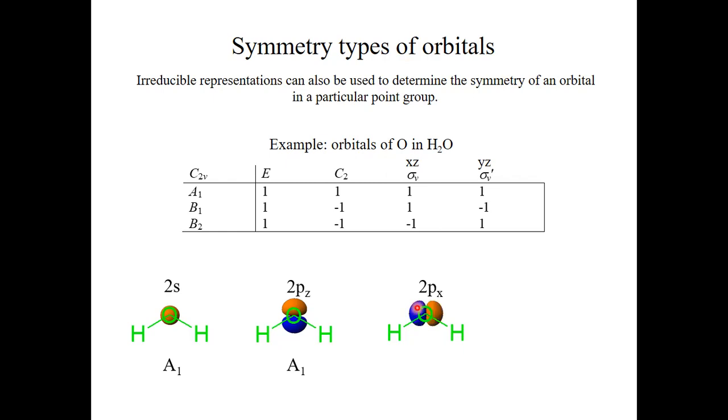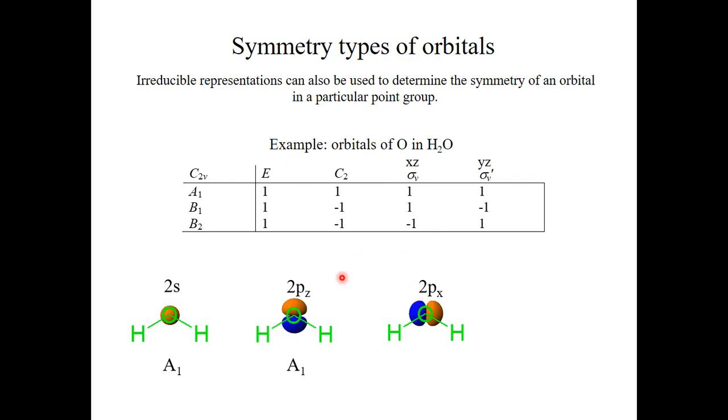Okay, this is indicated here by a color change. But remember, color change stands for the algebraic sign of the wave function. So orange we have previously defined as positive, and blue we have defined as negative. So we can therefore say that, as we carry out the symmetry operation, our wave function changes its algebraic sign.